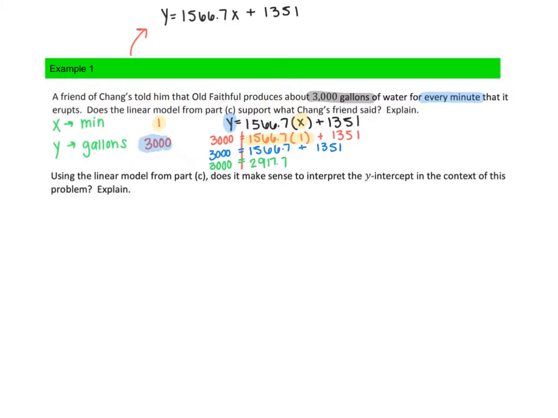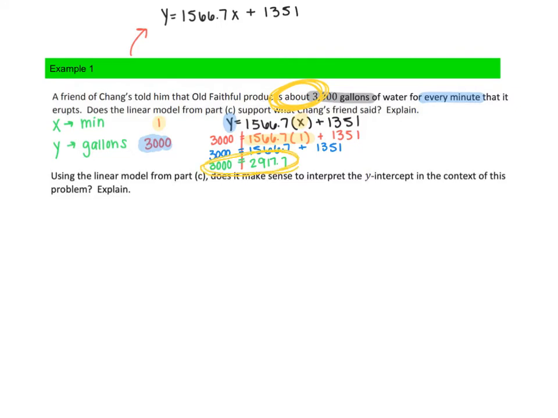All right. It says 3,000 equals 2,917.7. Now, that is not true, right? 3,000 does not equal that exact number. But Chang's friend said about, right? He said, yeah, I heard that this geyser, it produces about 3,000 gallons every minute. Is that true based on what we just did mathematically?